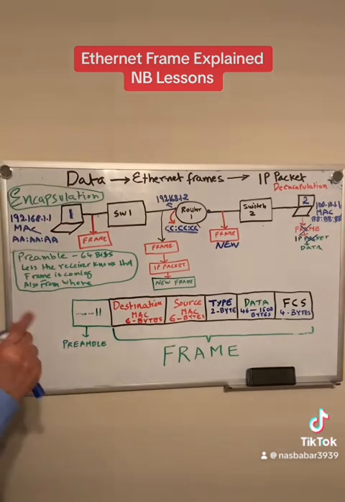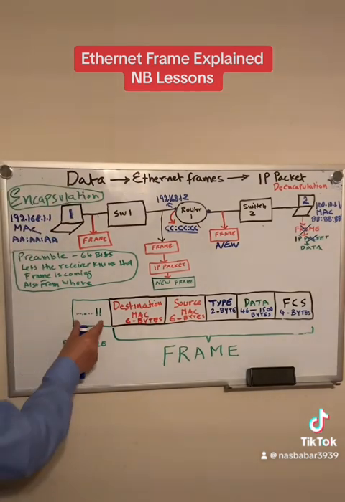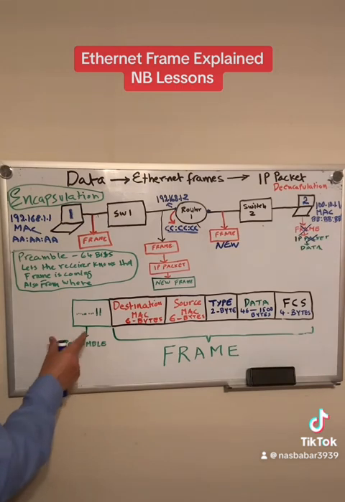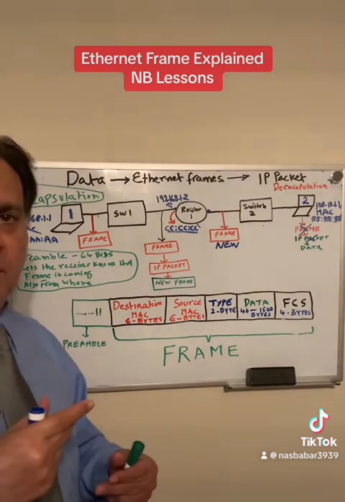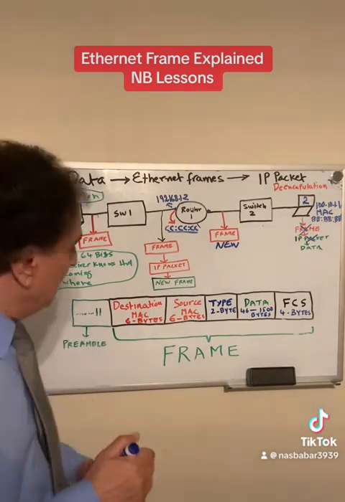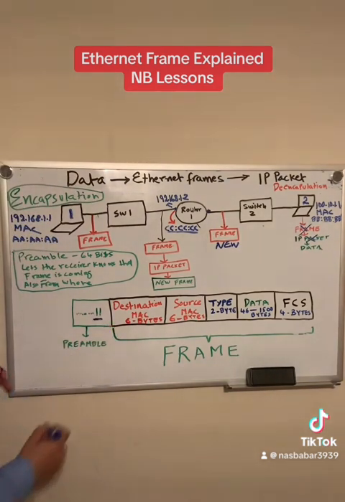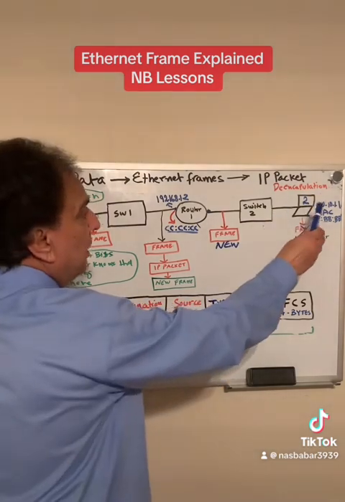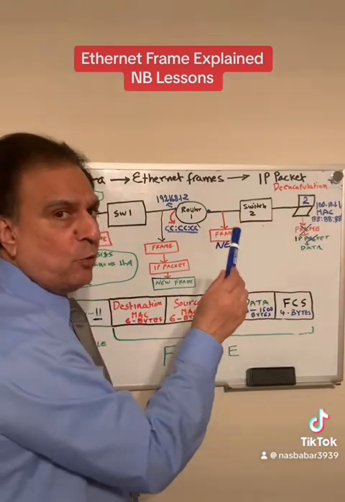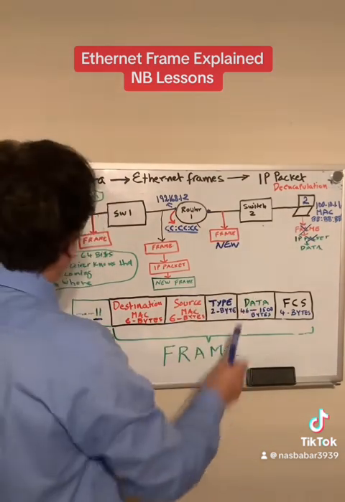So before a frame is sent, it has a preamble. Preamble is basically 64 bits, a mixture of zeros and ones, but always ends with 1. Okay? The purpose of the preamble is to let the destination know, hey, expect a frame from me. I'm about to send you a frame.